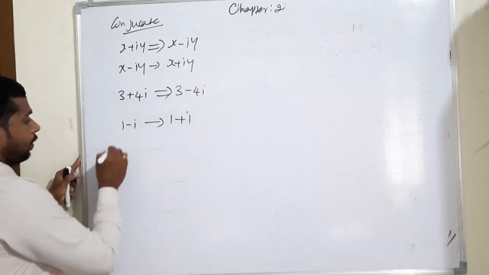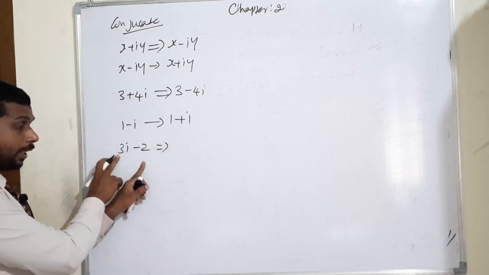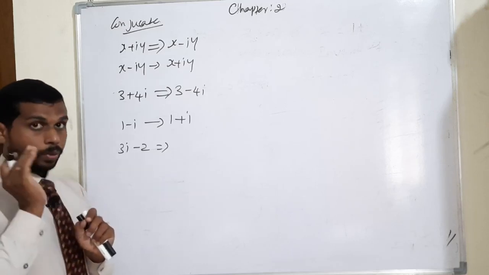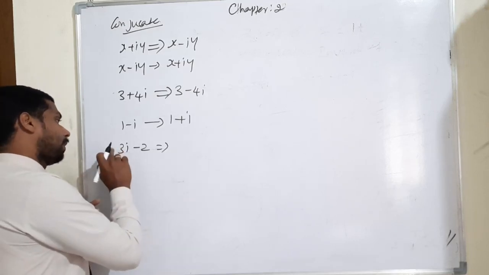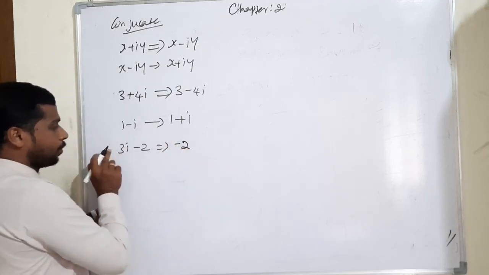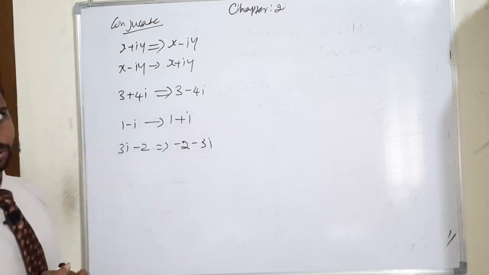Example, 3i minus 2. How to change? I told you, only change the sign of the imaginary term. Here the imaginary part is starting, so write the real part first: minus 2 plus 3i becomes minus 2 minus 3i. That is called conjugate.